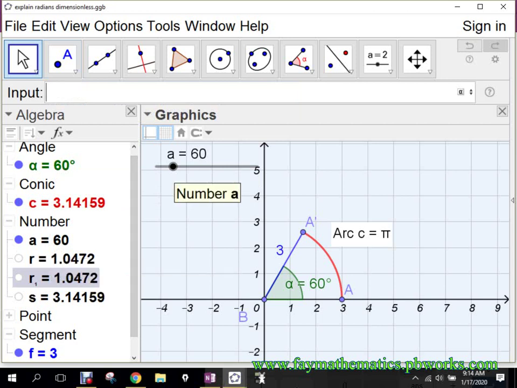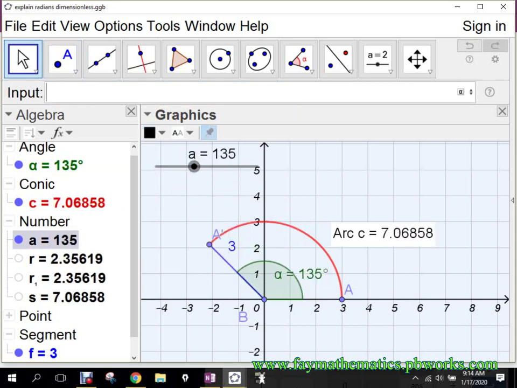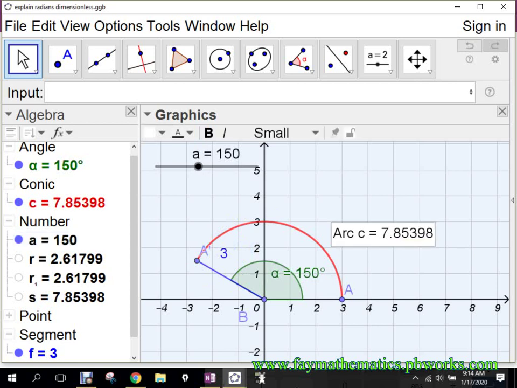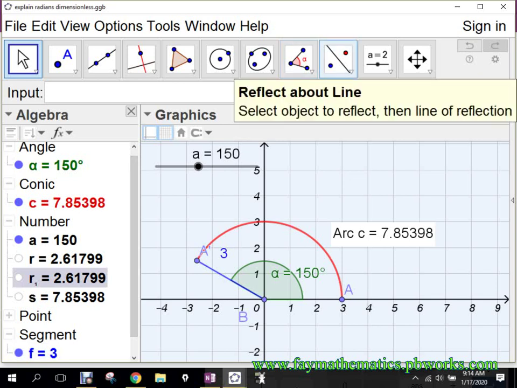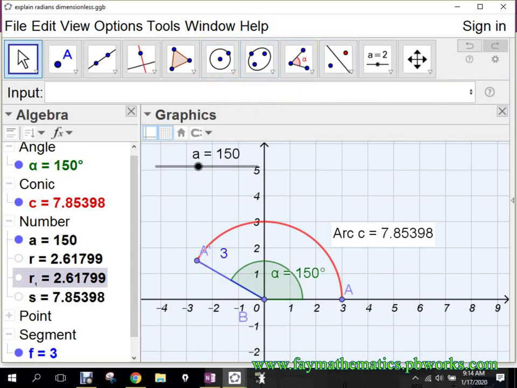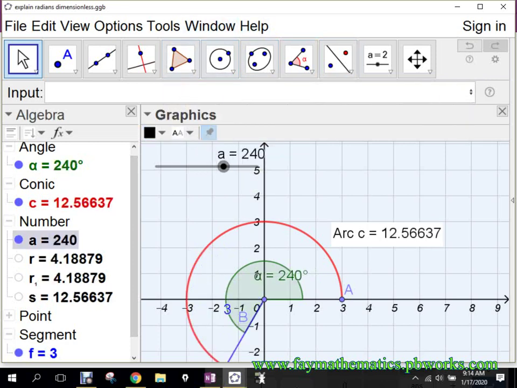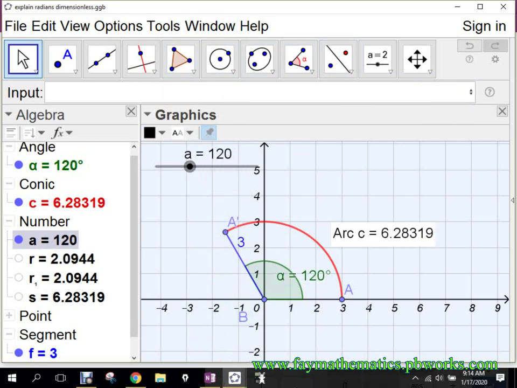So now as I change the angle, the arc changes, the radius stays the same, but when I take that number divided by that number, it still gives me that many radians. Does that make sense, everybody? So when we talk about radians, radians are generated by a distance divided by a distance.